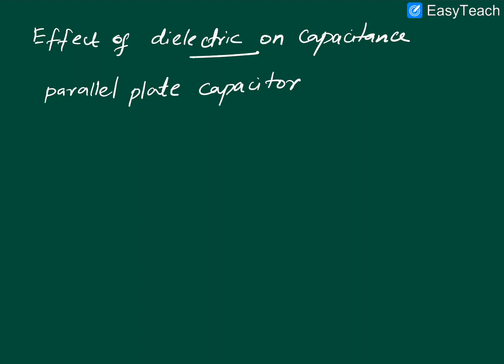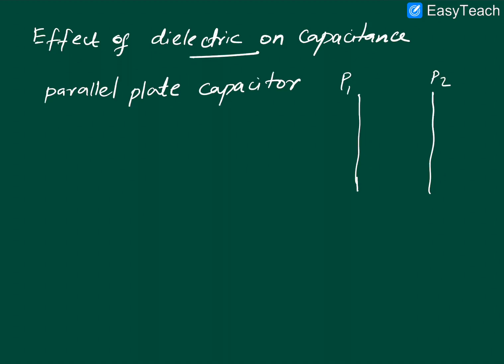That is what we are going to discuss. So for that, let us consider a parallel plate capacitor. This is our parallel plate capacitor. Two parallel plates are there. This is P1 and this is P2.